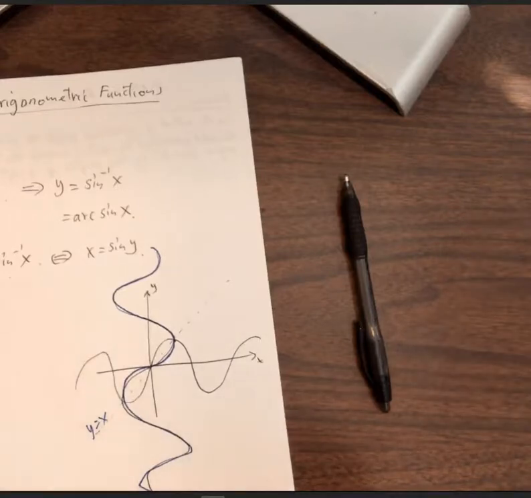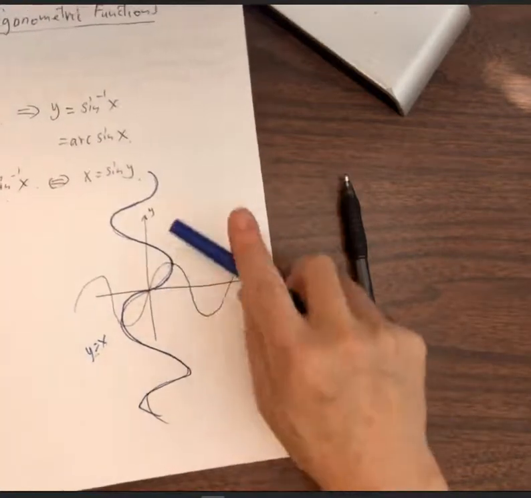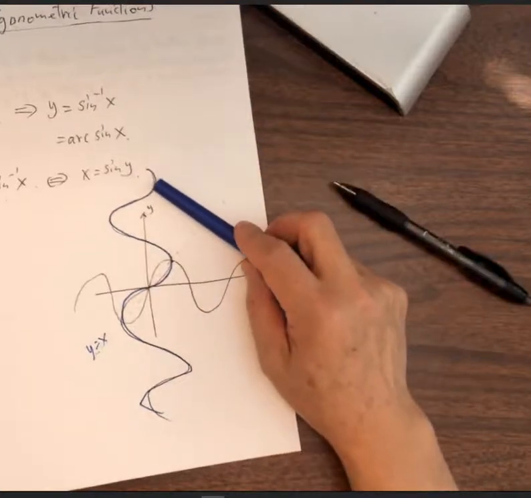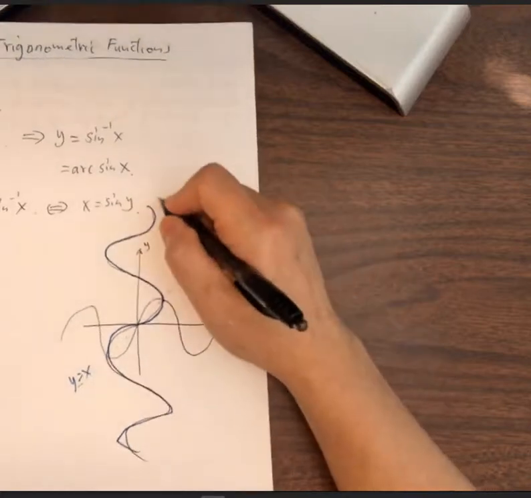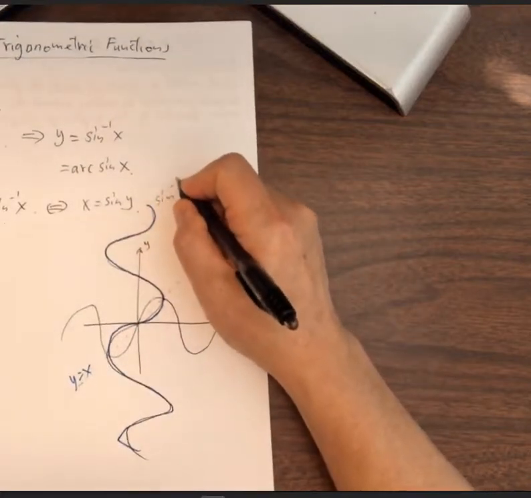So generally in geometry, this is how we obtain the graph of the inverse of a function. So this is sine, and this would be the graph of inverse sine.